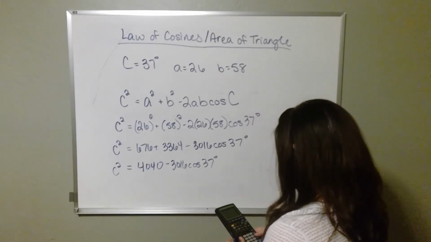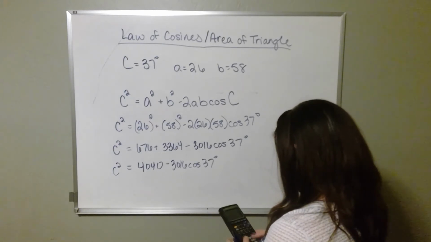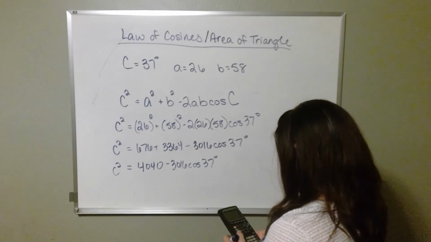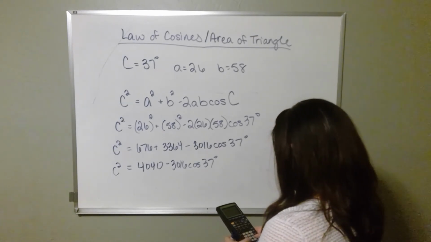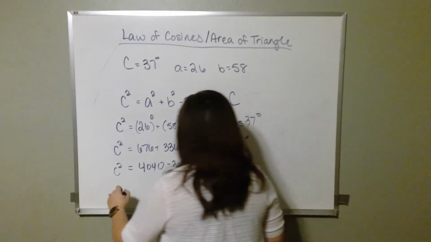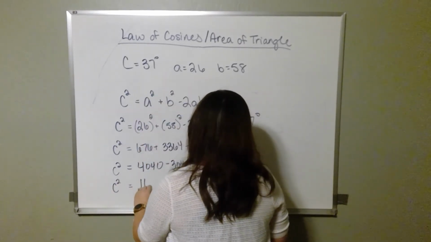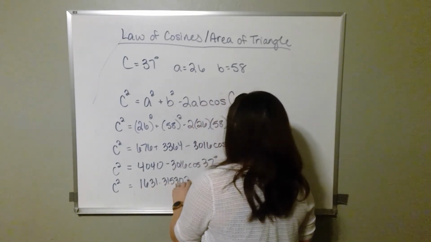So I have that. Let me figure it out. So for C squared, I get 1631.315302.